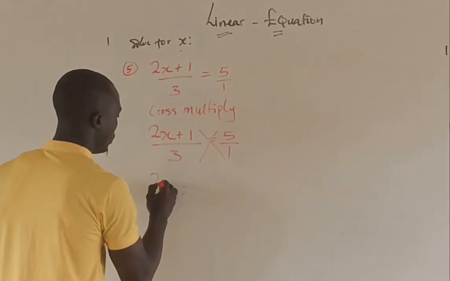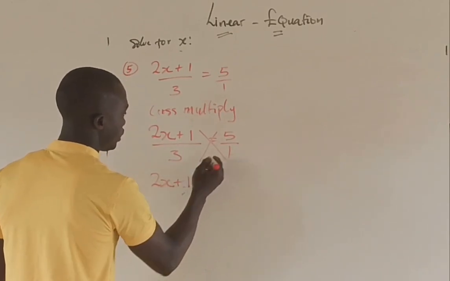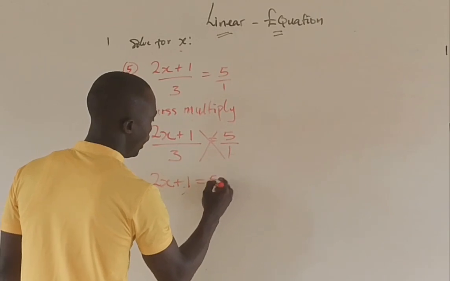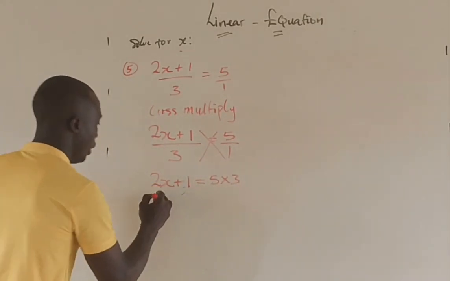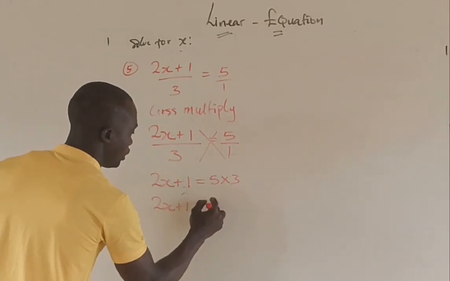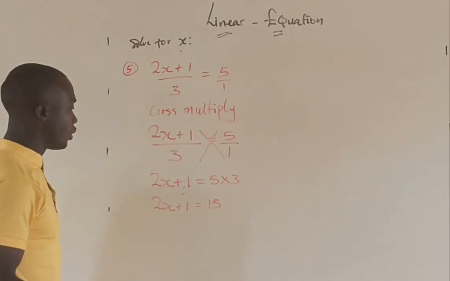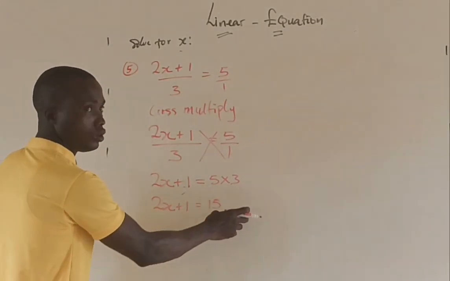So we have 2x plus 1 times 1 is still the same thing, then equals to 5 times 3. 5 times 3 will give us 15. We collect like terms by transferring plus 1 to this side.